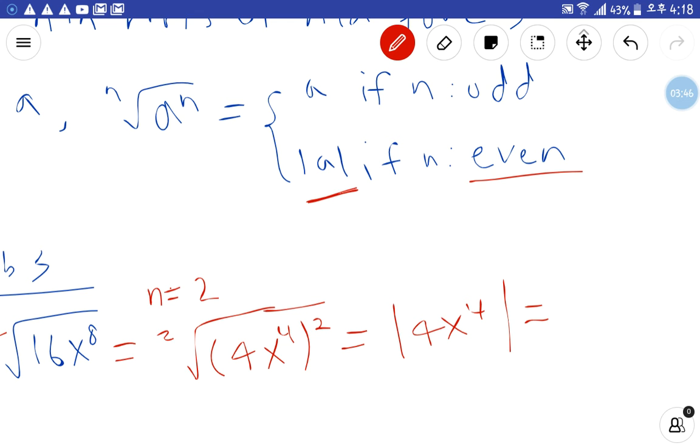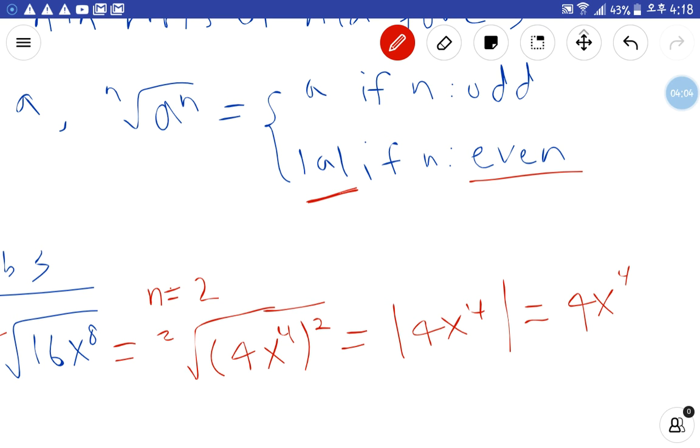Doesn't matter what number you plug in, your answer is always positive, right? In this situation, we don't really need any absolute value around this, so you omit all of them, just simplify as 4x to the 4th power.